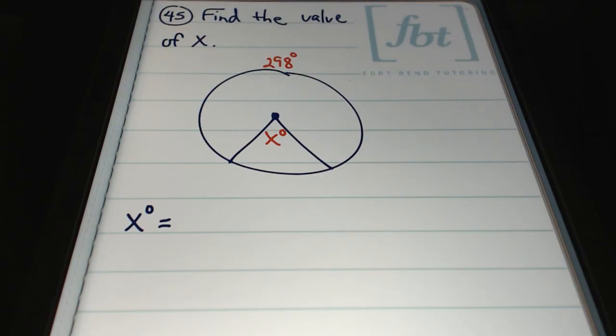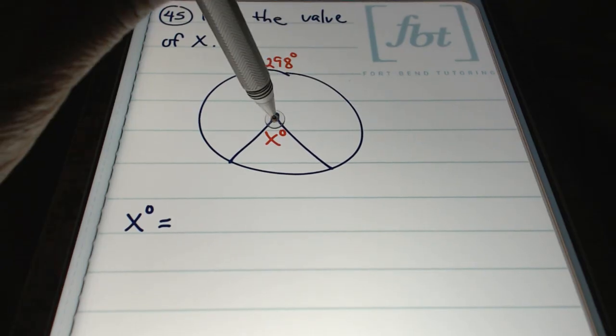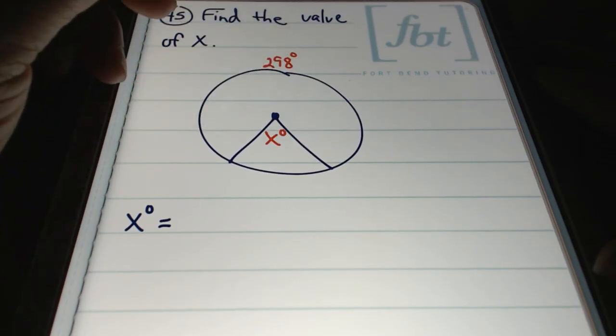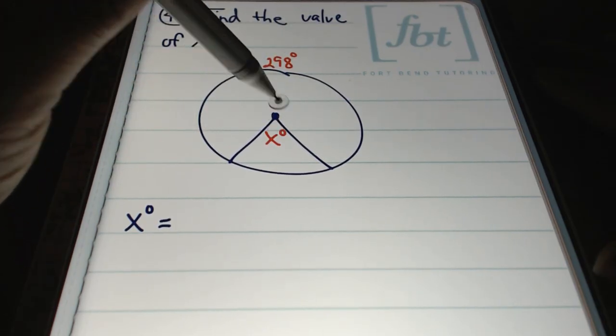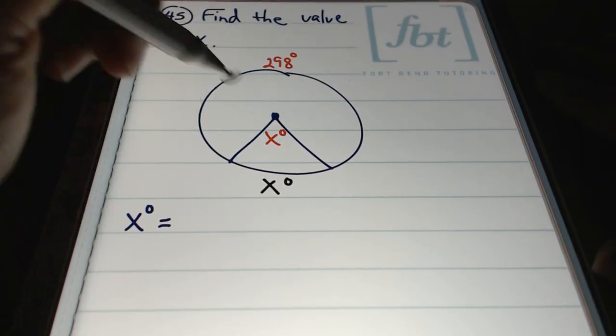So here, with problem number 45, guys, we're dealing with a major arc. That is going to be equivalent to 298 degrees. We also are given a central angle, guys. And what you should know about central angles is that they're identical to the arc that they capture. So since we have a central angle of x degrees, the arc that it captures must also be x degrees.